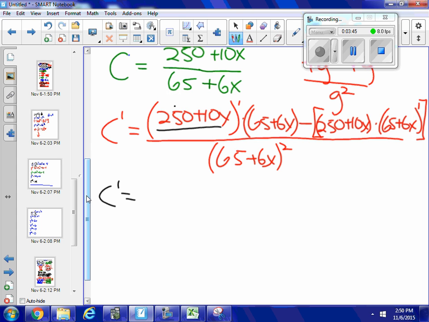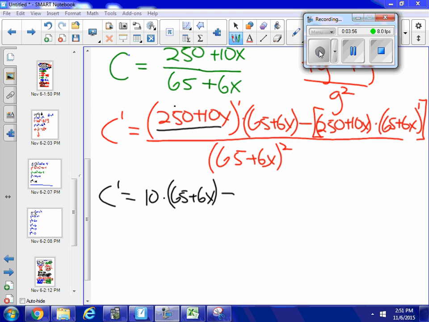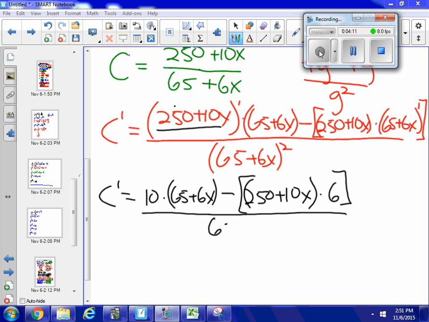So that's 10 times 65 plus 6x, minus 250 plus 10x times the derivative of this, which is just 6. And again, that's divided by 65 plus 6x squared.